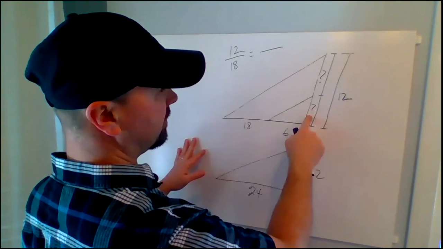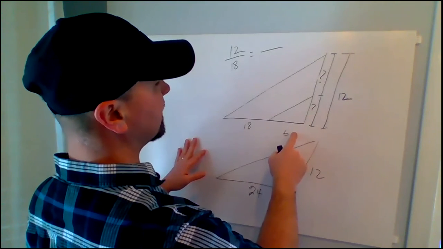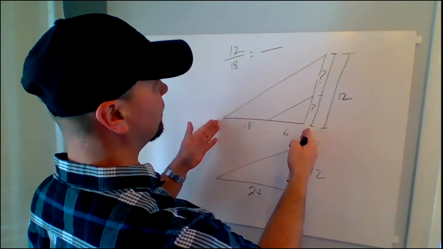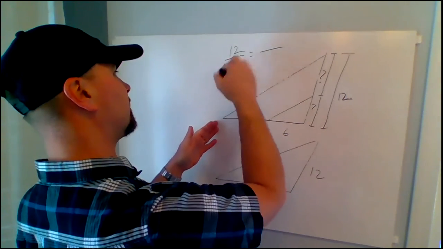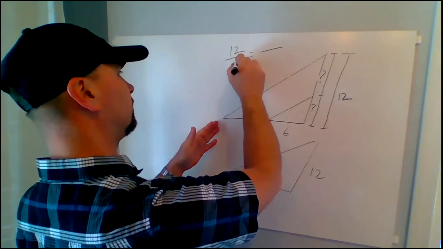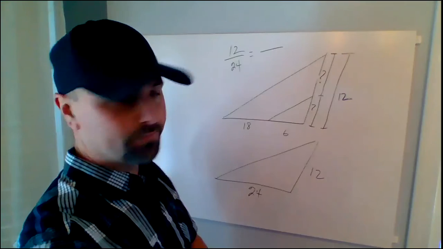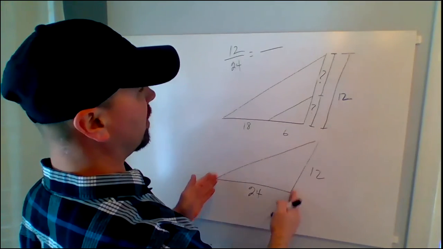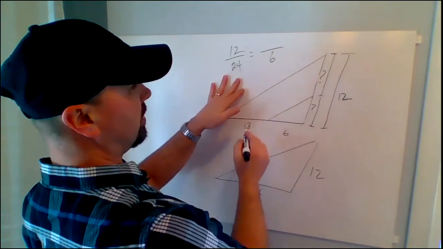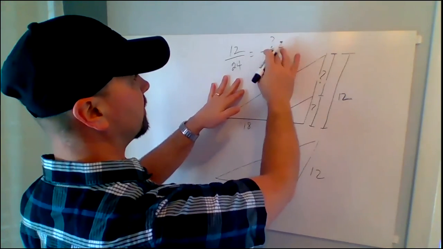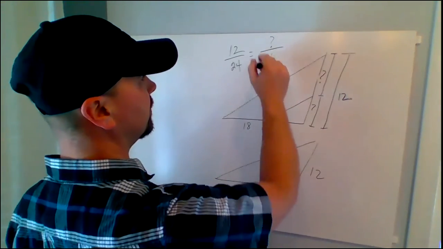So we don't know this in the small triangle, but we do know this is the same as the overall in the big. So 6, it's not 18, sorry, this is 24. So it can be a little confusing. So the overall is 24 in the big one, the overall is 6 in the small one. Those go next to each other. We don't know this. There's your proportion.